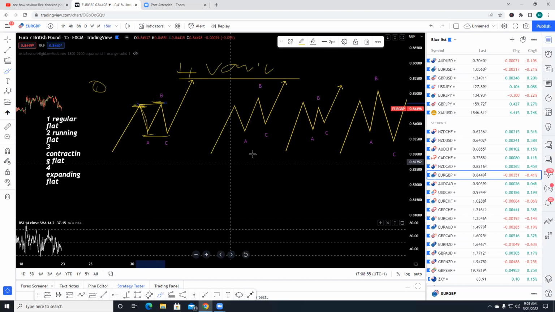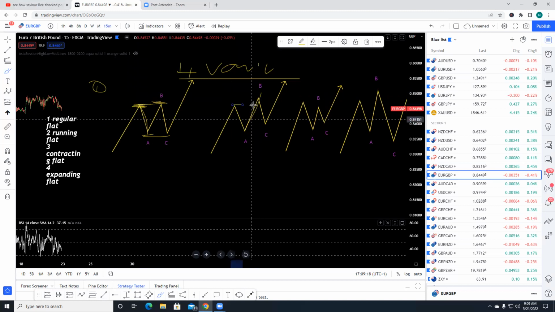Okay. The second type of flat that you have is what is called a running flat. I told you that wave A always remains the same. Look at wave A comes down. But in this case, instead of wave B ending at the beginning of wave A, as you have in a regular flat, it will come and break it to the upside. Break it, can you see?